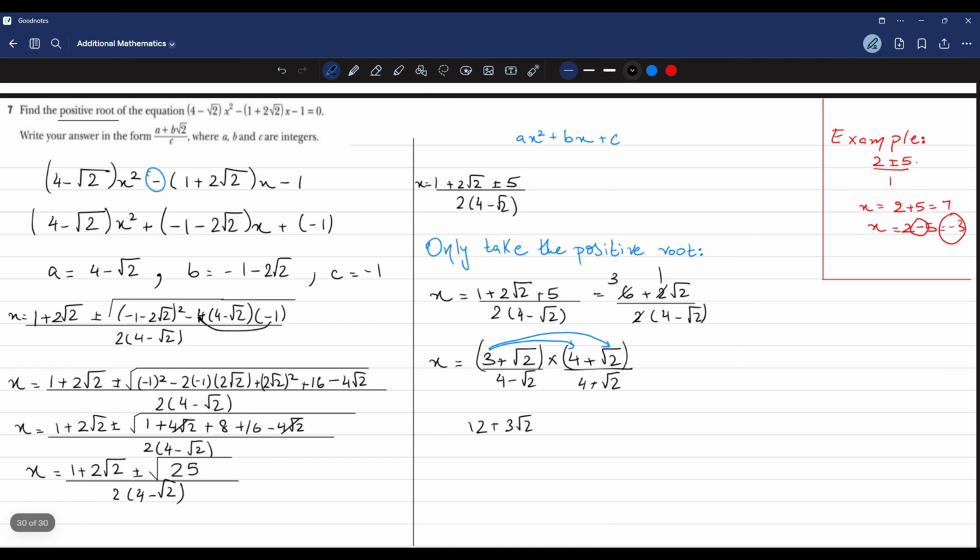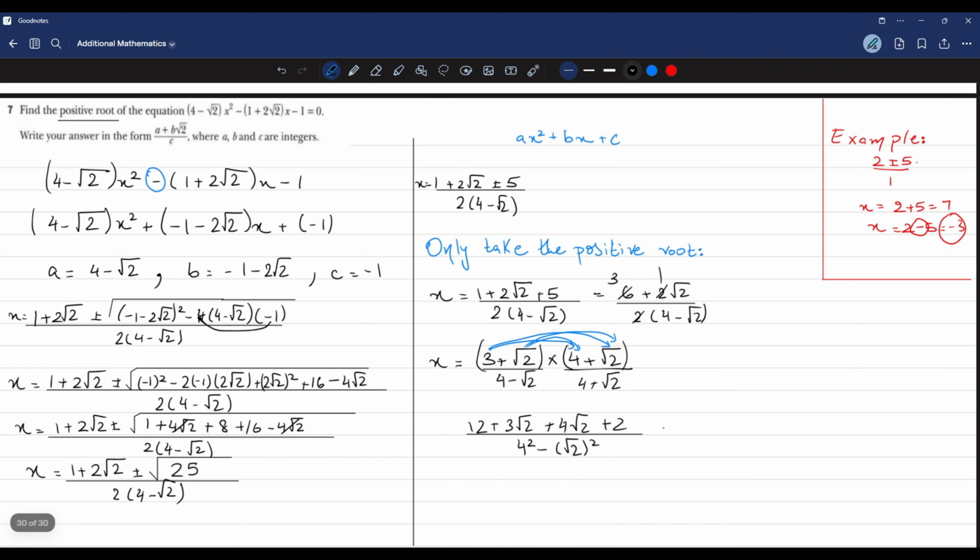Inner value multiplied by the inner value, which is under root 2 multiplied by 4, is going to give us 4 under root 2. And the last value multiplied by the last value is going to be under root 2 multiplied by under root 2, which is essentially equal to positive 2, divided by a plus b multiplied by a minus b is equal to a squared, which is 4 squared, minus b squared, which is under root 2 whole squared.